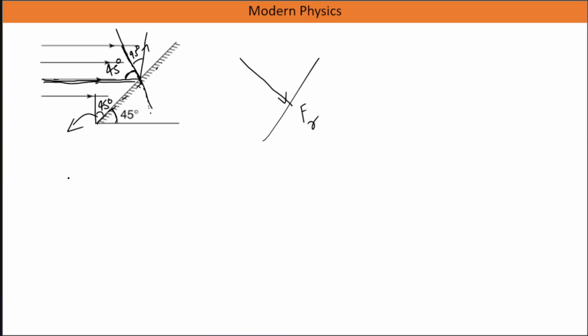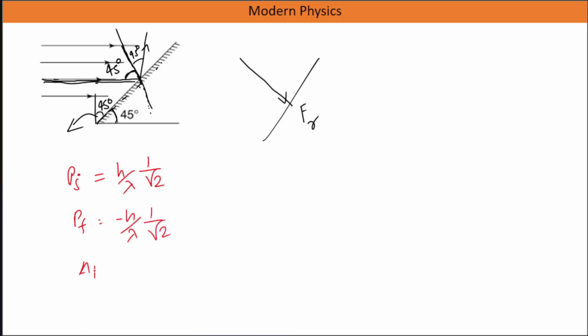Now what will be this value? What is the initial momentum? Initial momentum you are going to write along the normal, because this is the line of impact, and along the line of impact we conserve momentum. So h by lambda cos 45, that is 1 by root 2. Final momentum is minus h by lambda 1 by root 2.